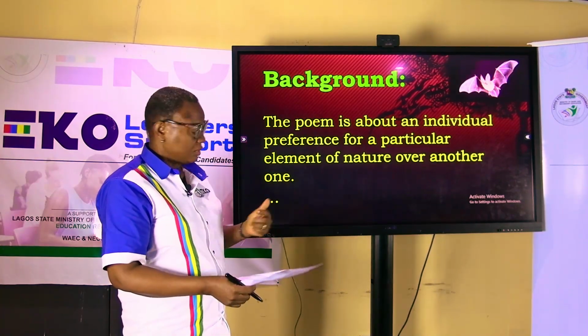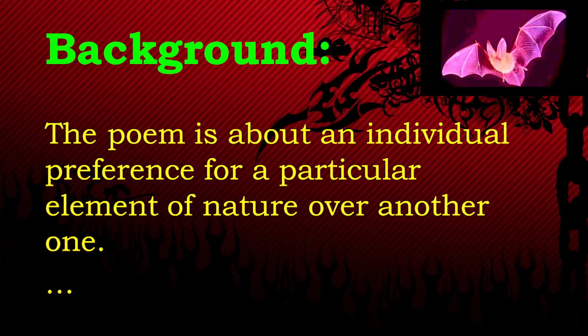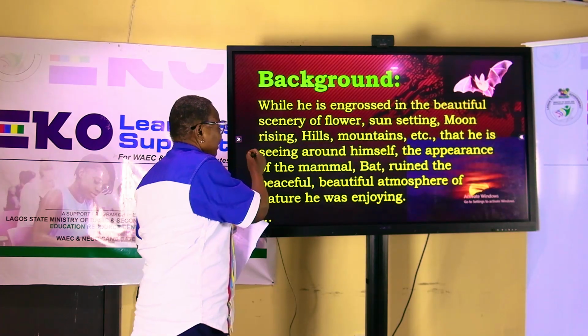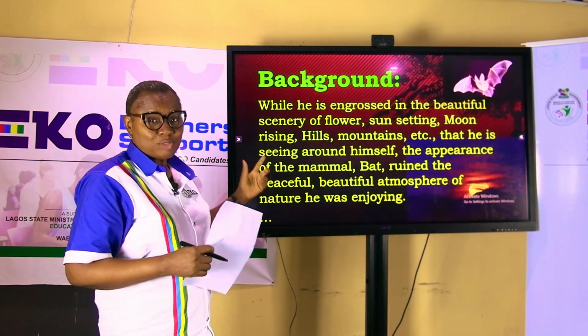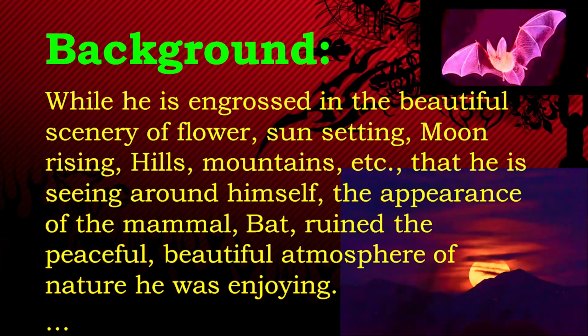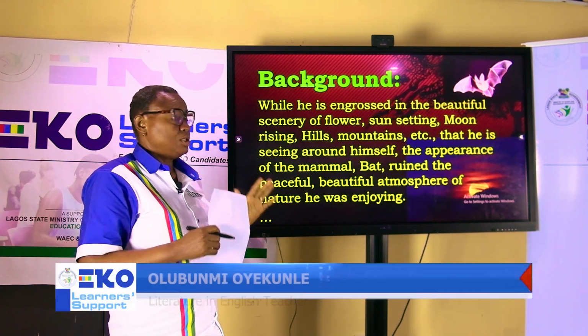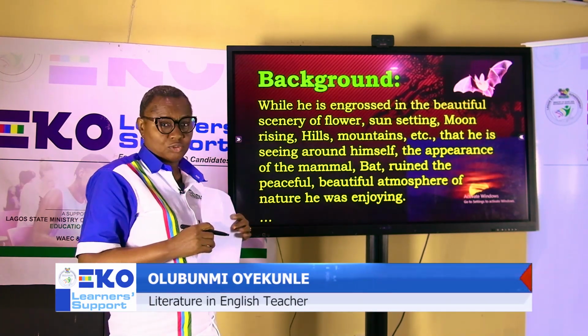The background of this poem is that it is about an individual's preference for a particular element of nature over another. The poet persona is engrossed in the beautiful scenery of flowers, sun setting, moon rising. One of the characteristics of a romantic poem is that it dwells on the beauty of nature.